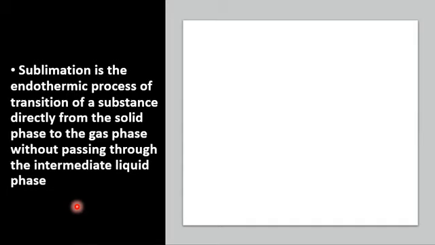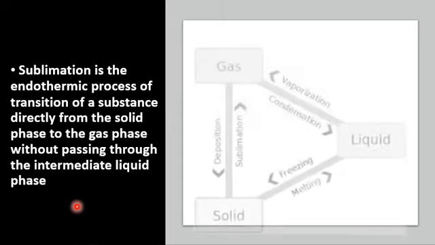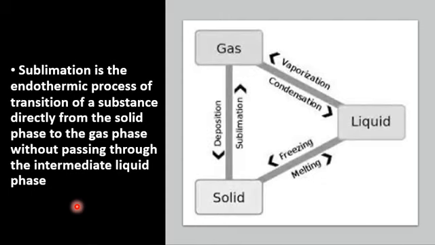So sublimation is basically a process of transition of a solid phase of a material into a gaseous phase, which may be represented by a schematic diagram like this.